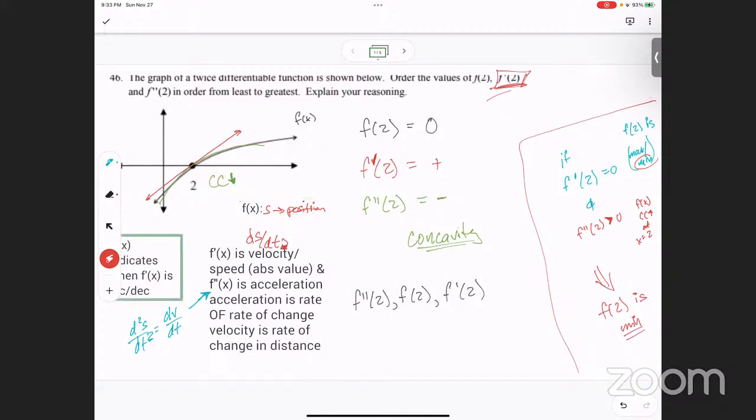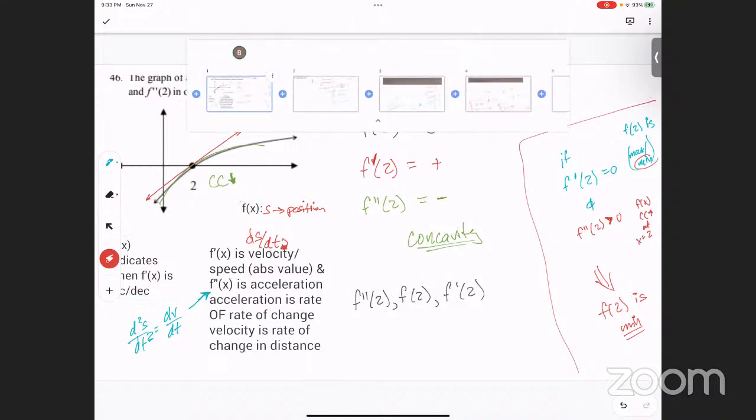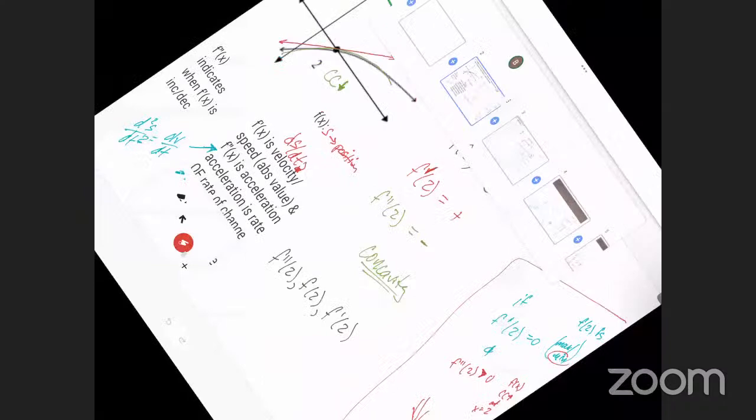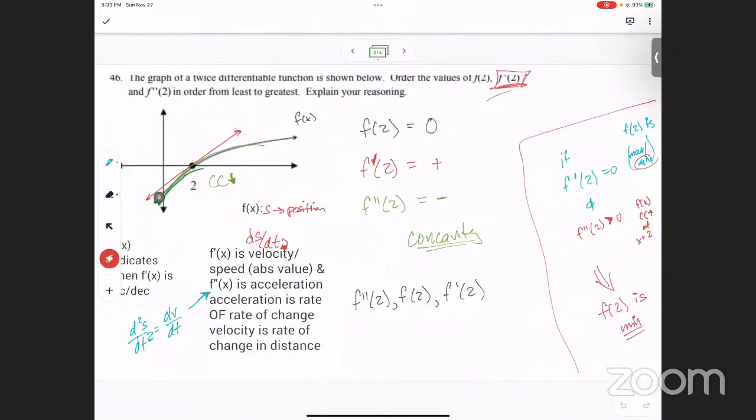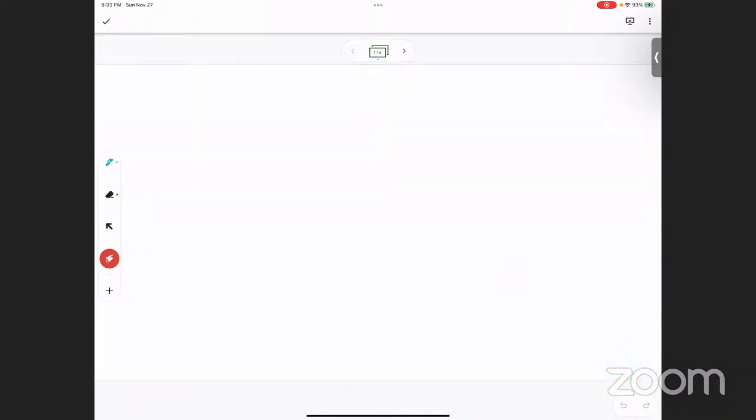Since I thought this was the double derivative, that would mean that right here, f prime of x would be decreasing. If it was the double derivative, you're saying? Yeah, if this graph was the double derivative, then you're correct. f prime would be decreasing here and increasing here. Yep, you got it.